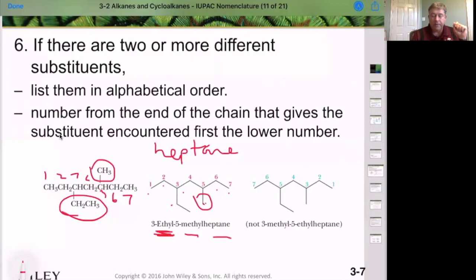Since this comes alphabetically first, we want to have that one at the 3 position and the other one is 5. Okay, so if they would be the identical numbers just swapped, you always put the lowest number with the alphabetically first group. So instead of having the 3-methyl, 5-ethyl, we're actually going to put it in alphabetical order, 3-ethyl, 5-methyl, with the parent chain at the end. Okay, so that's rule number 6.